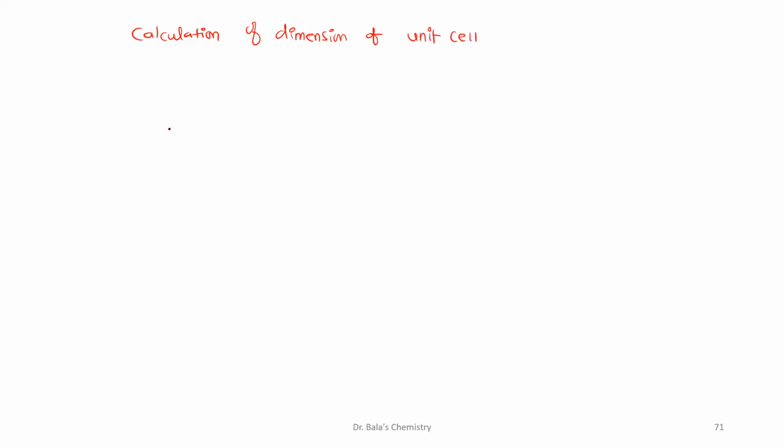We can calculate the density of the unit cell by using a formula, so we are going to derive the formula for density. What is the formula for density? It's nothing but mass by volume. Am I right?